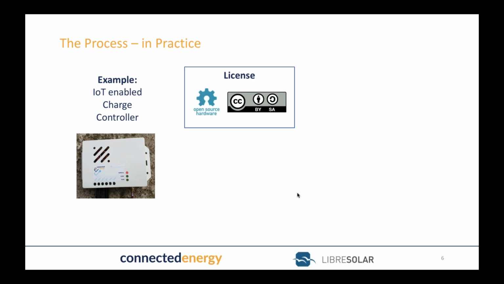In our case, we chose the Creative Commons Attribution Share Alike license, which is the same as Wikipedia uses as well. So this means that you can more or less do everything with the designs. It's important to mention that we explicitly allow use of the design also for commercial products, because otherwise it would not be possible to enable local businesses to use the technologies and further develop it.